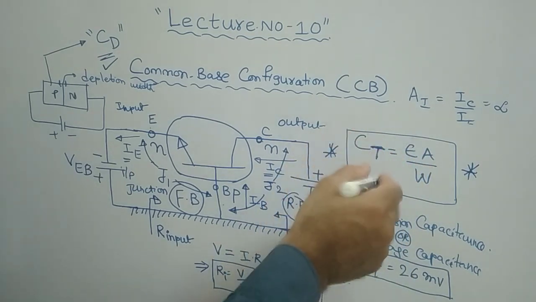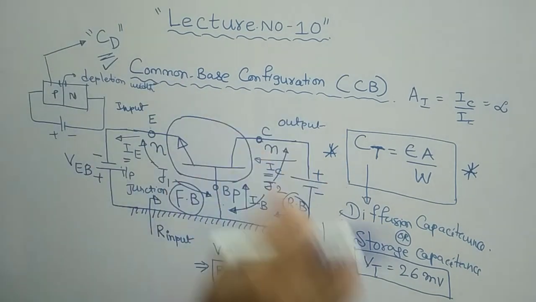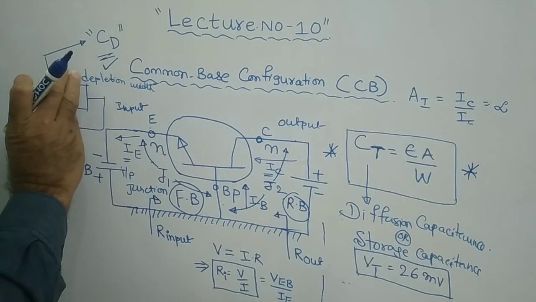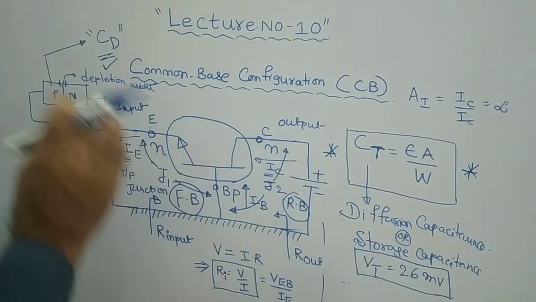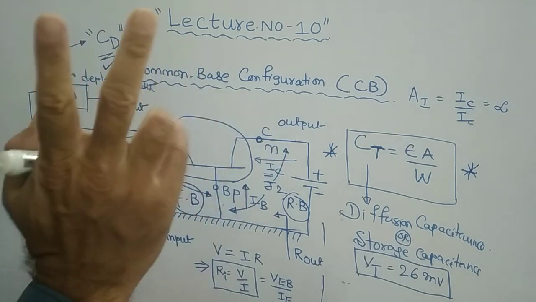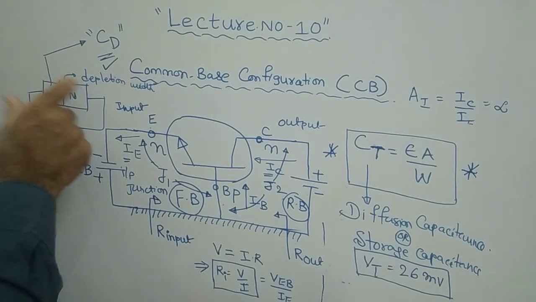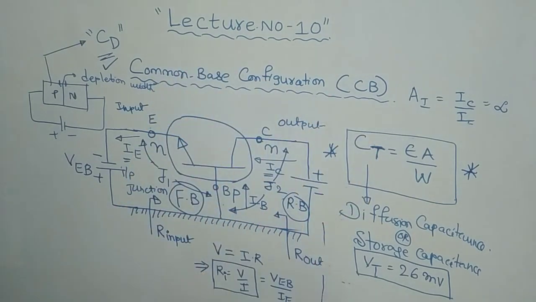So these are the two types of capacitance you normally have in a PN diode during forward bias as well as reverse bias, right? One more important thing to remember: in general, both capacitances exist internally in the PN diode, but in forward bias the diffusion capacitance is dominant over the transition capacitance.